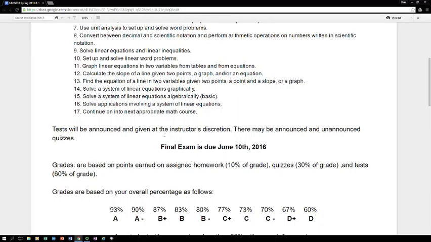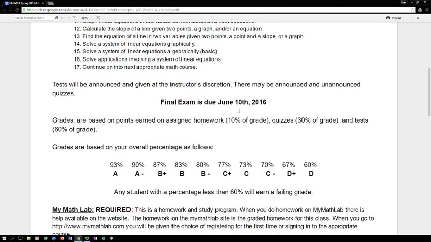If you look at your course calendar, which we'll talk about a little in the next video, we'll talk about the places you should pay attention to in the online software. The final exam is June 10th of this year.